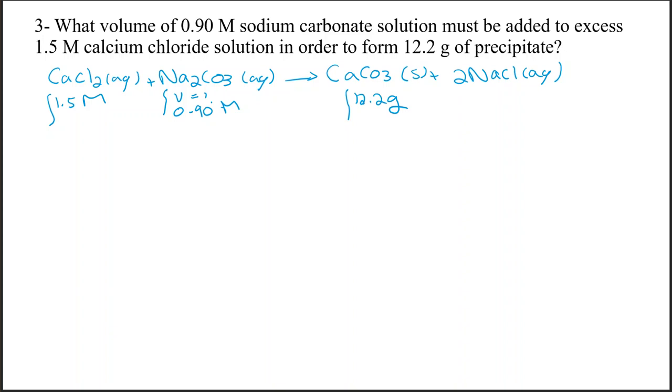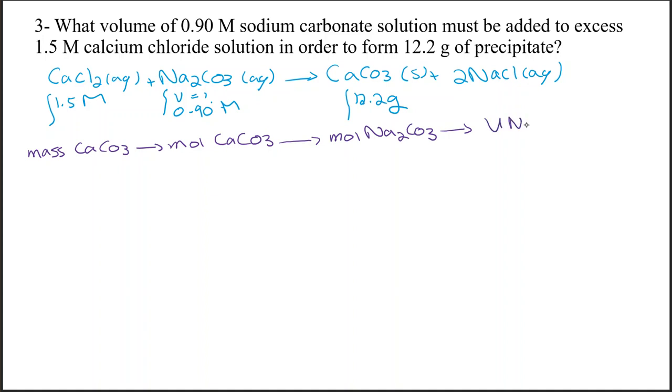So in order to do this, we have to do a mole-to-mole ratio. So we want to go from the desired mass, which is the mass of calcium carbonate, see how many moles is that 12.2 grams of calcium carbonate, and then based on the balanced reaction we want to find the moles of sodium carbonate needed. And once we find the moles of sodium carbonate, based on the molarity we're going to find the volume of sodium carbonate solution that's needed.